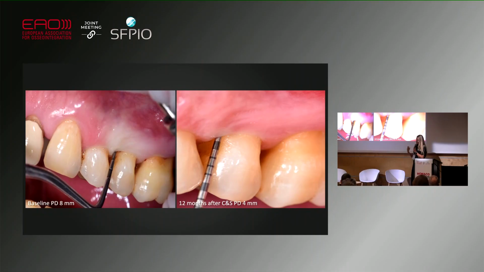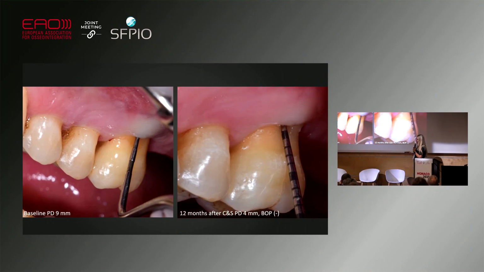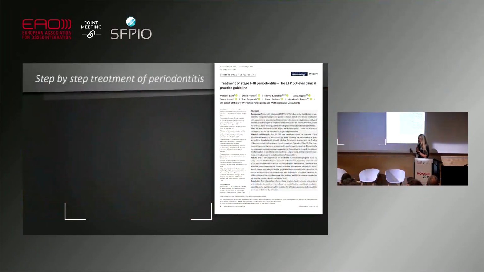Now he visited me recently, and I still see that he is exhibiting 4 millimeters of probing depth, so it's not so bad. And after 3 months, 4 millimeters and no bleeding on probing and a closed furcation. I cannot probe a furcation anymore. After 12 months, it's still stable.